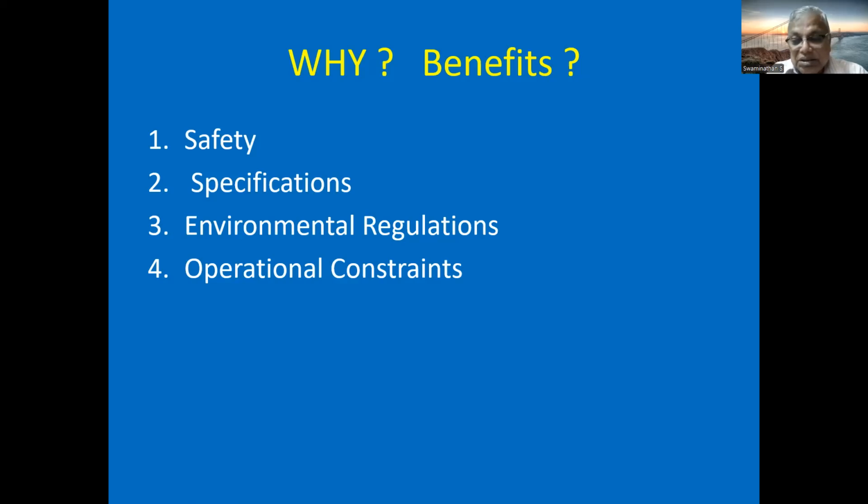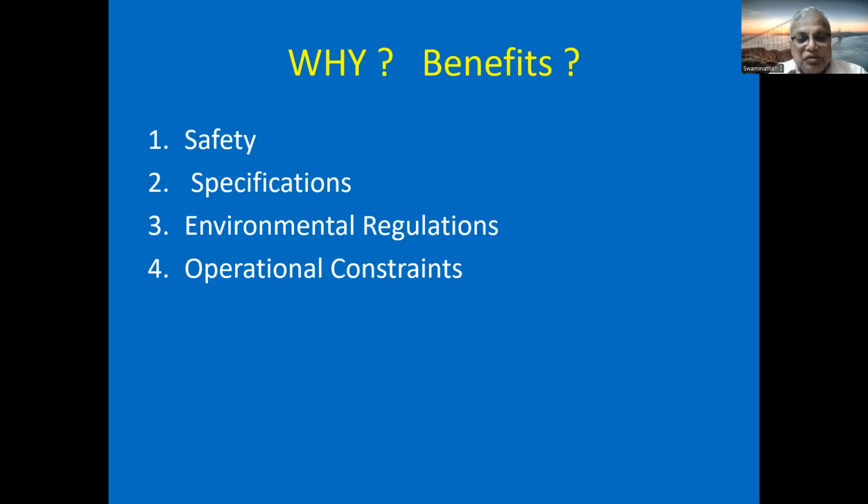In some cases, if the temperature crosses a limit, the reactor may become unstable. So this is one example of operational constraints. We have a limit in many cases, a limit of temperature in reactor operation.